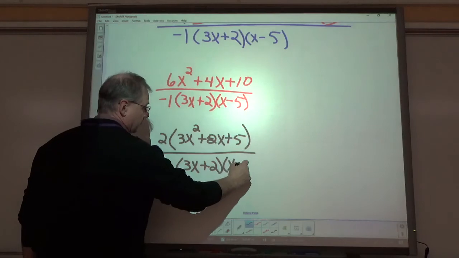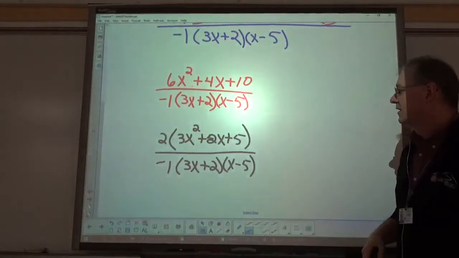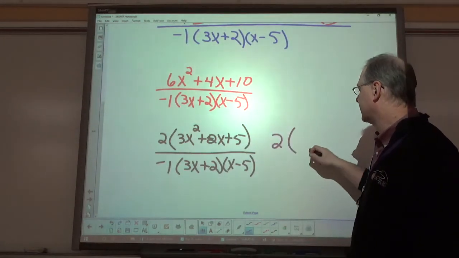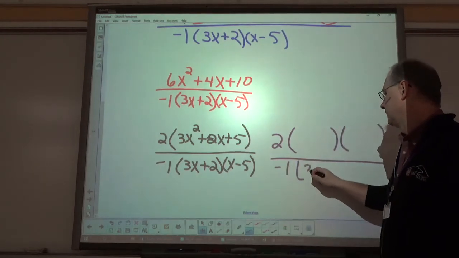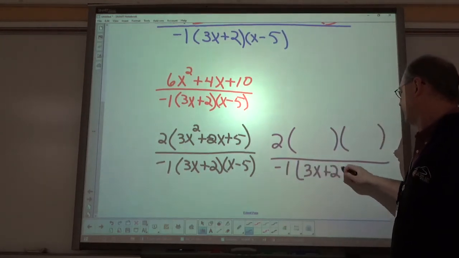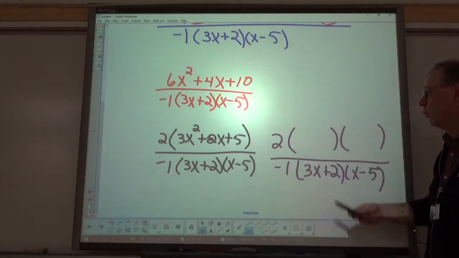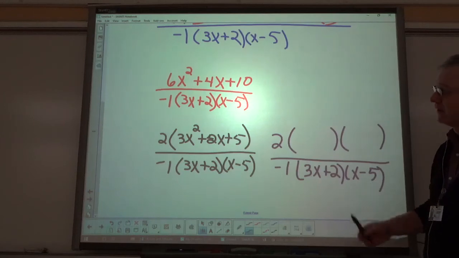The next thing I can do is try to factor this. I don't know if it'll factor. I'm going to try. So for this to reduce, one of these either has to be 3x plus 2 or x minus 5. Let's see.